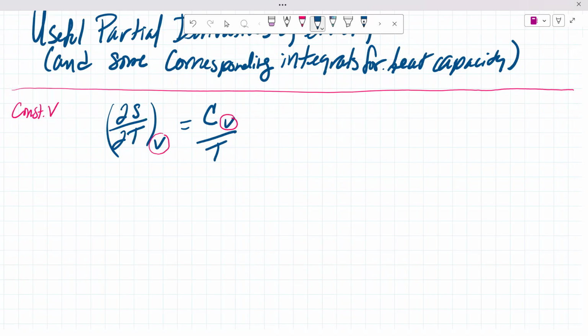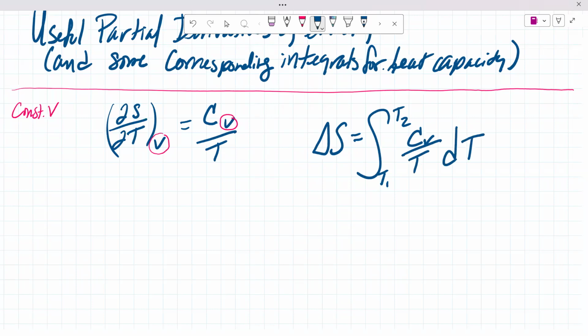And the corresponding integral is entropy equals the integral from T1 to T2 of C_V over T dT. And this is the constant volume.